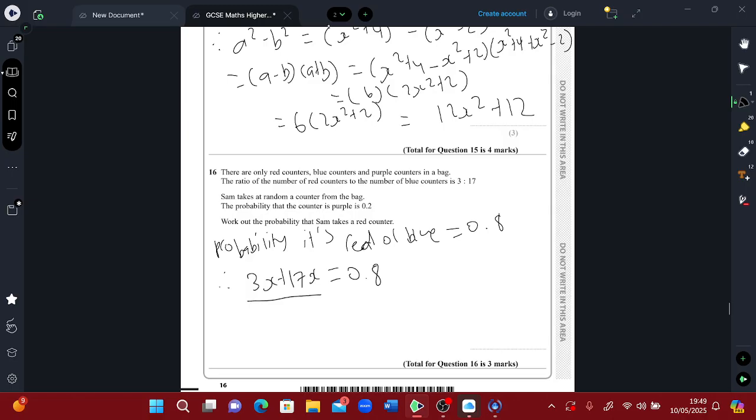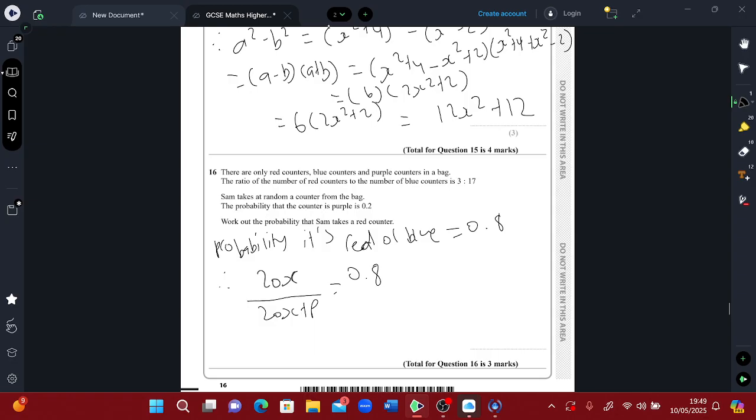So that's going to be 20x plus p, where p is how many purple counters there are, and that's going to be 0.8.